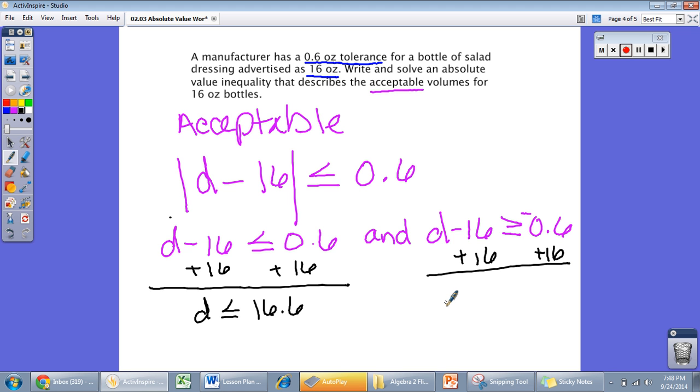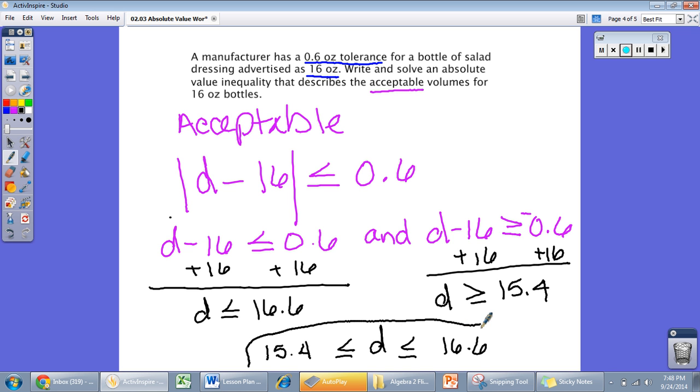Working our second problem, D is greater than or equal to 15.4. Again, if we were to put this on a number line, the small number is on the left, our larger number is on the right, the size of our dressing bottle ranges between, and it can be greater than or equal to 15.4 and less than or equal to 16.6. So this would be the outcome for the acceptable range for that bottle of dressing.